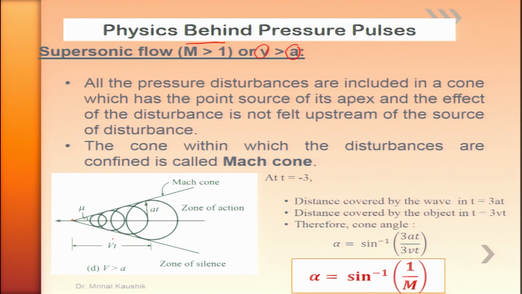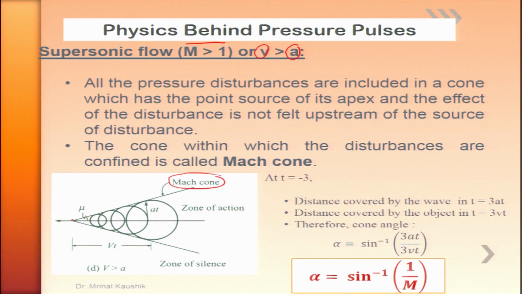Now, in the supersonic case, this source is considered as the apex, and on the downstream side the earlier planar wavefront becomes a conical shape. This cone is called a Mach cone in the 3D case, and the 2D representation is two straight lines here, at some angle.